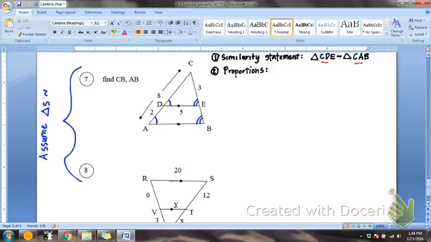I'll say CD matches up with what? CA. The first 2 match up with the first 2. Then we do the second 2. So I have DE matches up with what, Crystal? AB. Good. AB, the second 2.